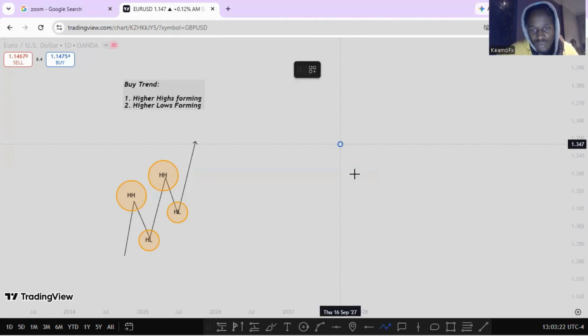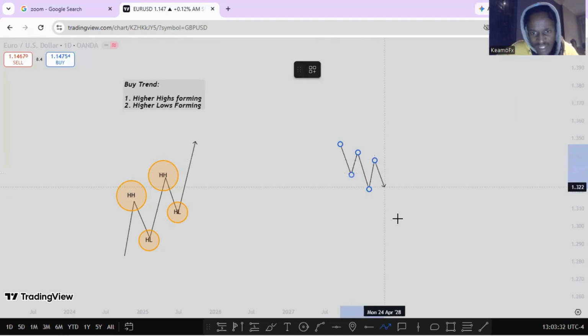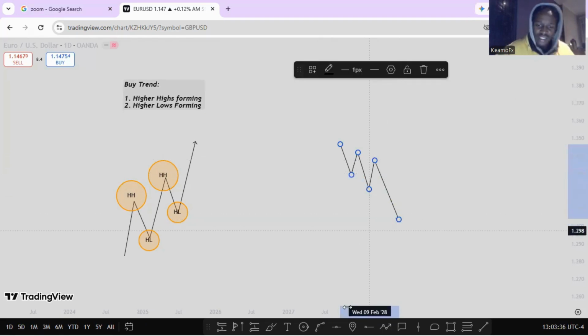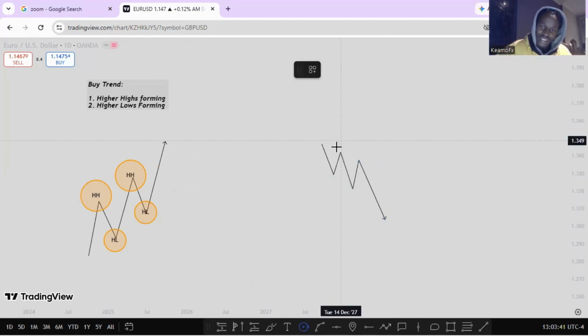Needs to go low, leaves us with a low, creates a lower high, creates a lower low, lower high, and lower low, right? Let me draw that up for you so that it makes sense.